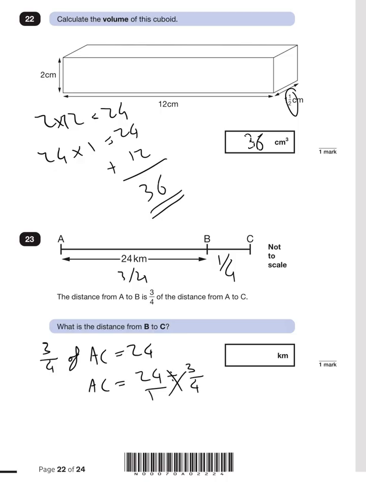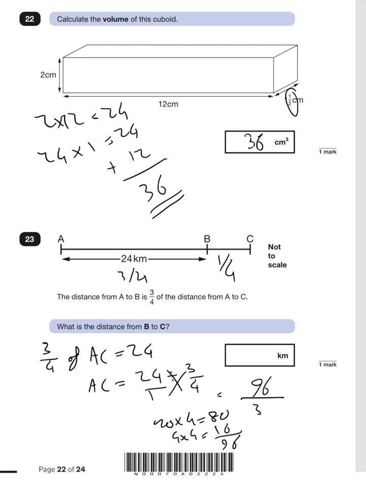So it's a big division. So we get 24 times 4 over 3. 1 times 3. 20 times 4 is 80. 4 times 4 is 16. So that'll be 96.